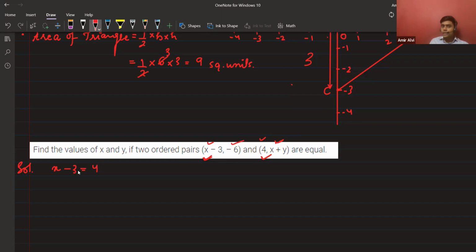So we can equate them because the question is saying they are equal. Next thing, y of this is minus 6 and y of this is x plus y. So x plus y is equal to minus 6. Now, Simrat, tell me, can you get the value of x from here?